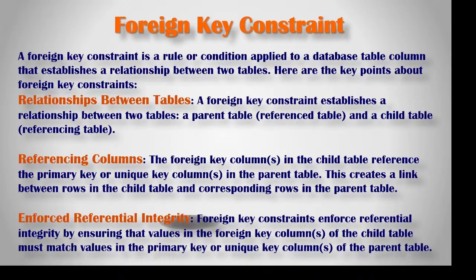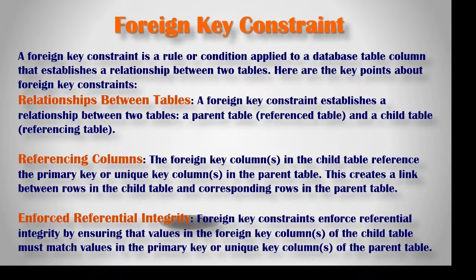This creates a link between rows in the child table and rows in the parent table. Enforced referential integrity. Foreign key constraints enforce referential integrity by ensuring that values in the foreign key columns of the child table must match values in the primary key or unique key columns of the parent table.